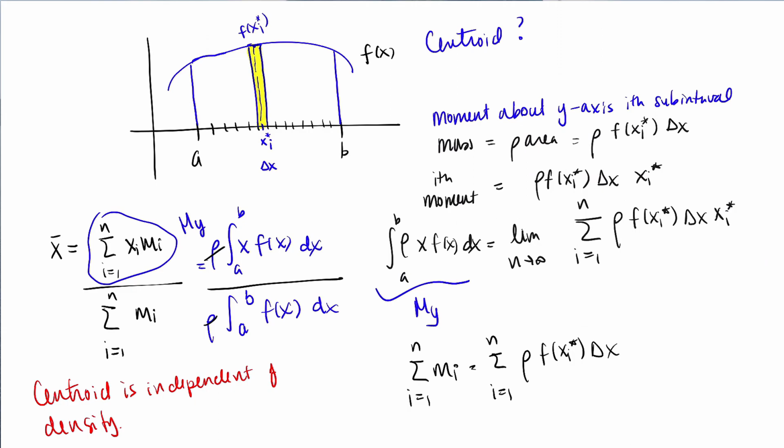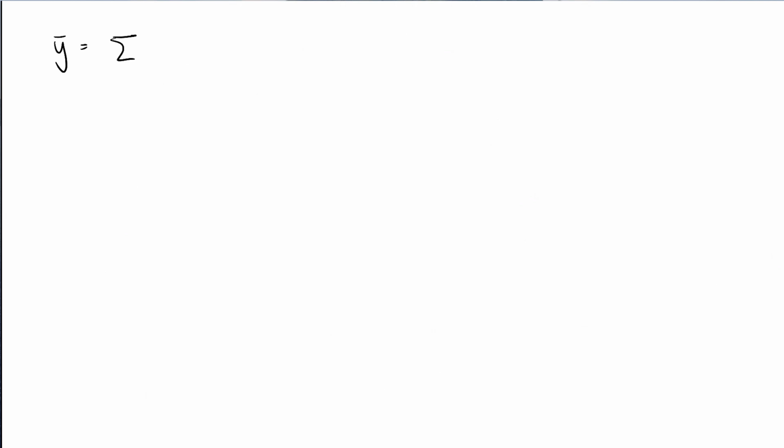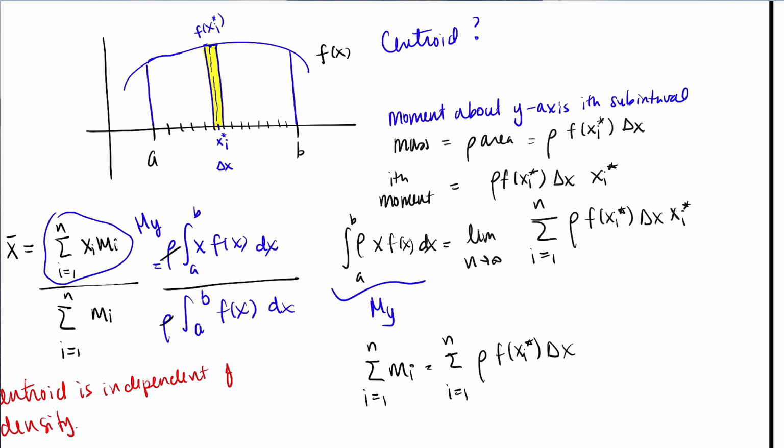Now I need to find the y coordinate. And again, the y coordinate we're going to compute using the same formula that we used for the point masses, okay? So let me remind you of that. We have that y bar, the y coordinate, is equal to the sum from i equals 1 to n of the yi's times the masses, all over the sum from i equals 1 to n of my masses, which we know, and let me not write equal signs, but just implications, right?